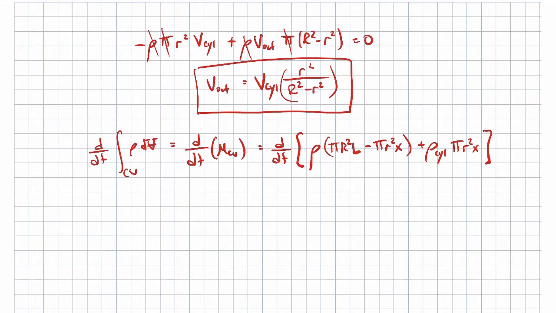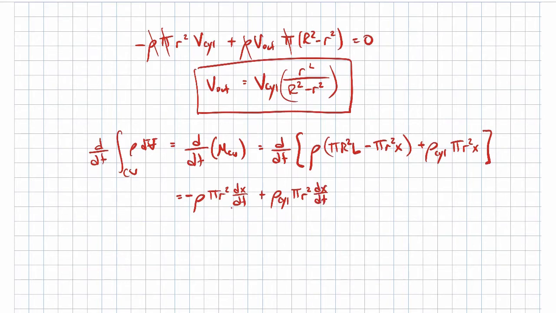And then we can go ahead and carry through the time derivative. The time derivative of this is going to be 0 because those are all constants. And what we'll end up getting is rho times the d/dt of the constant, minus rho pi r squared dx/dt, plus rho cylinder pi r squared dx/dt.